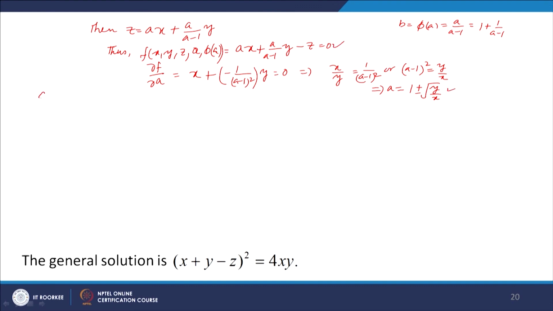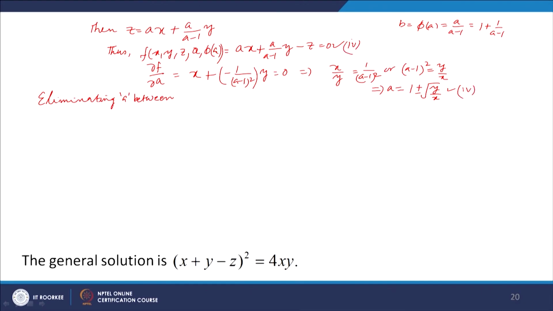So, eliminating, we call this as 4 and this as 5.